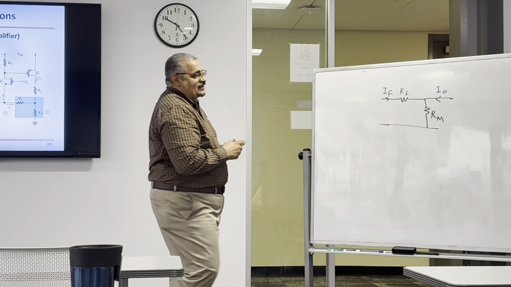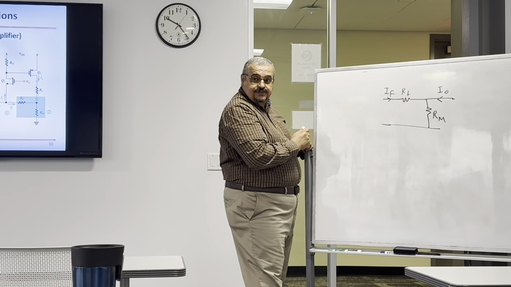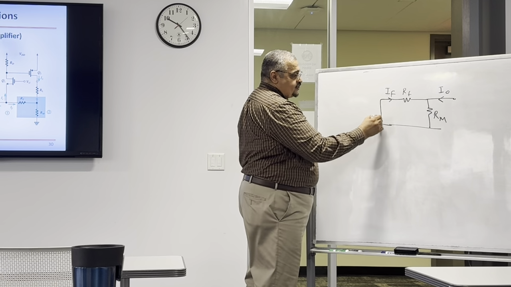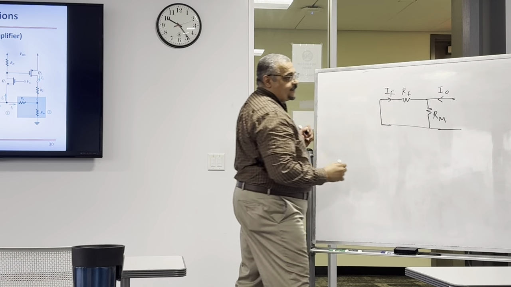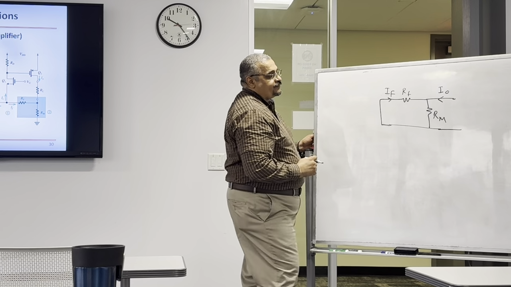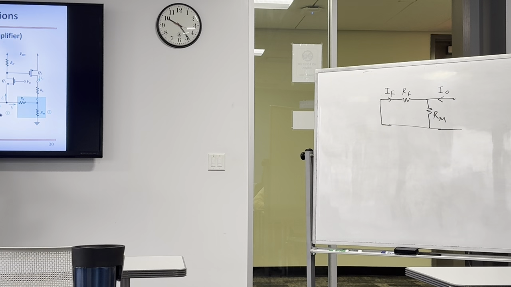Now, can you have a current passing here without shorting this? So this has to be shorted so that you have a current flowing this way, okay? This is the output of the beta, and this is the input.